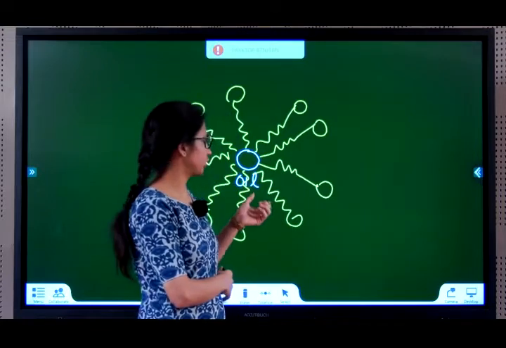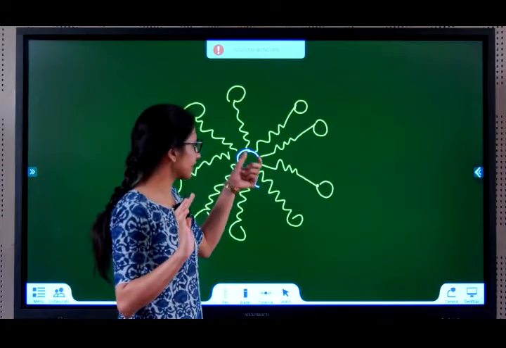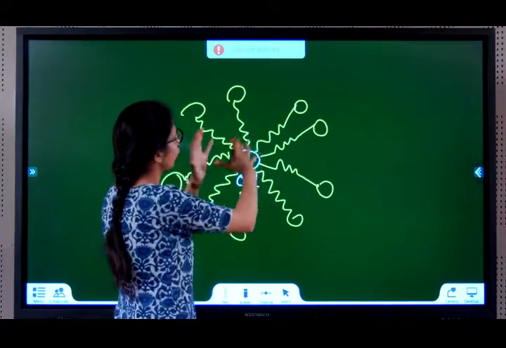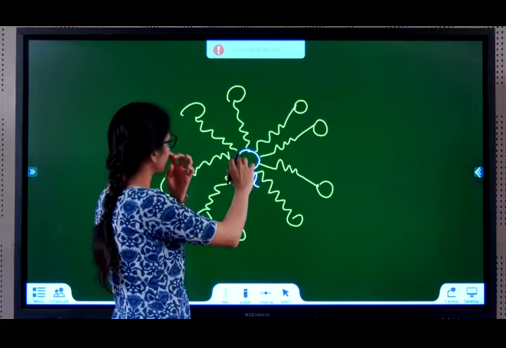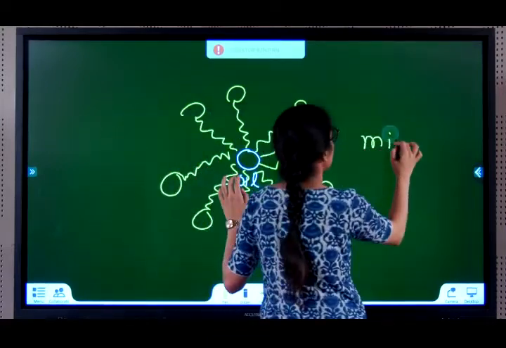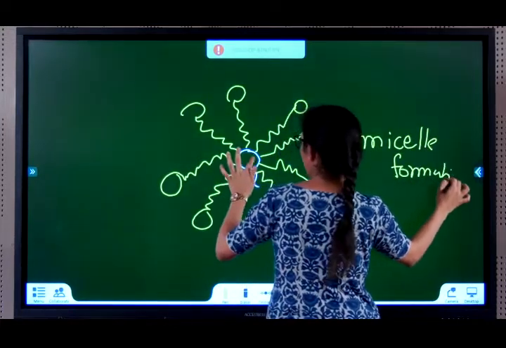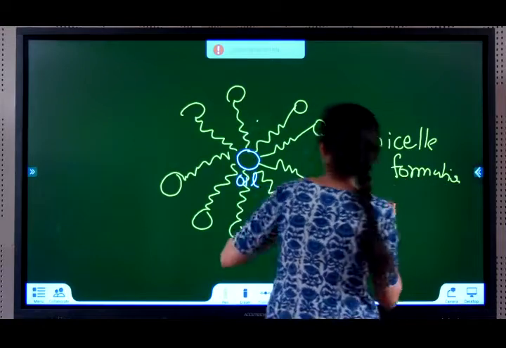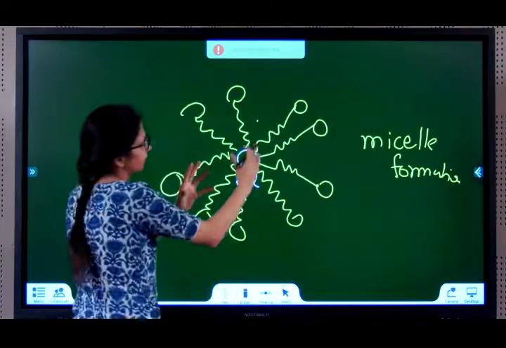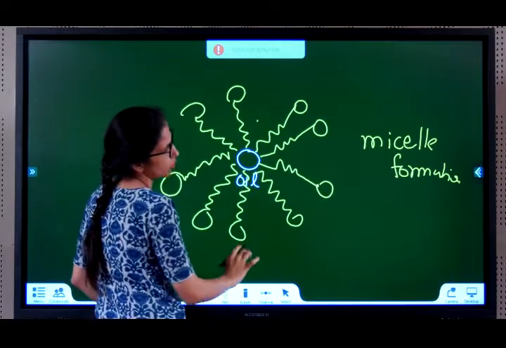The hydrocarbon chain does not like water but is okay with oil, so it gets attracted to oil. This way all the soap molecules cover the oil particle, and this formation is called micelle formation. The oil particle is therefore not coming in contact with water, because it's covered with the hydrocarbon part of the soap.